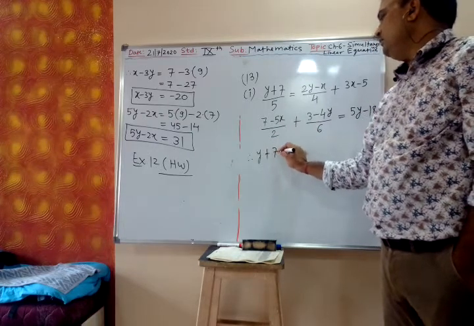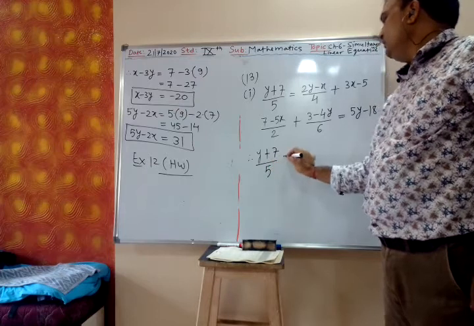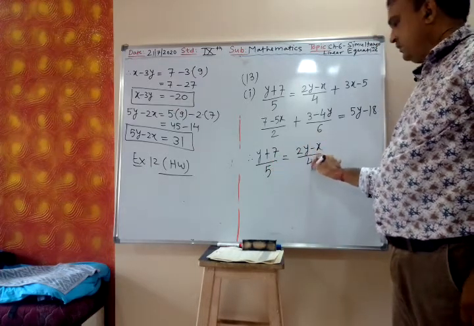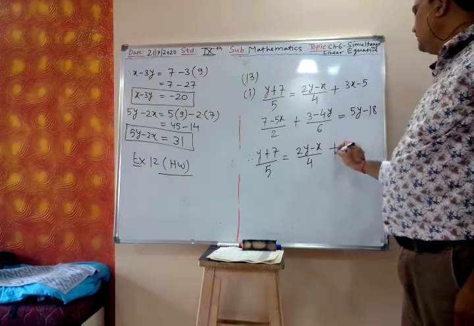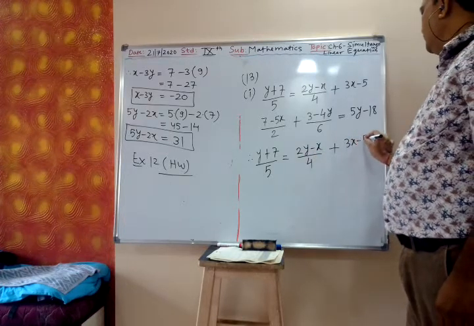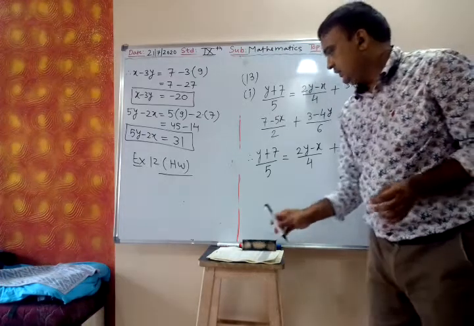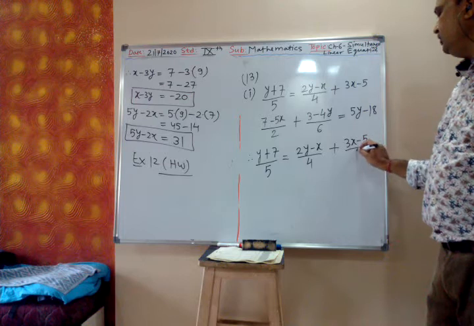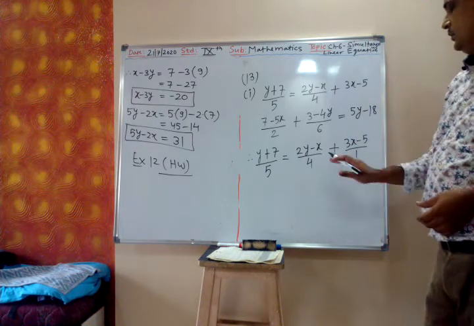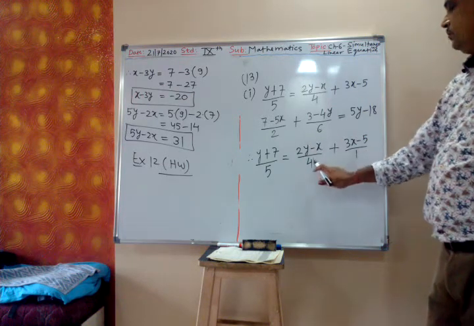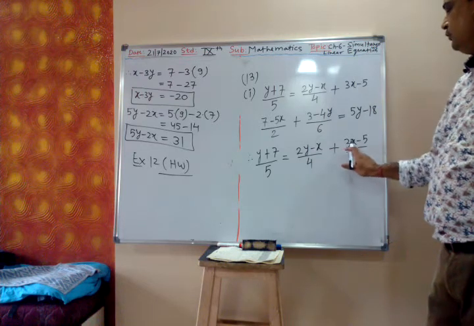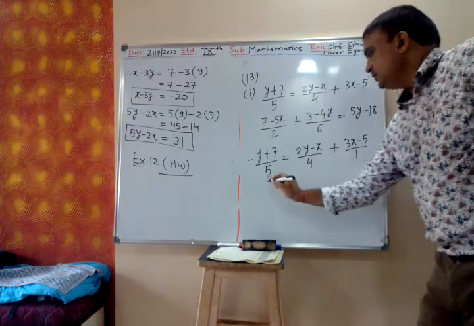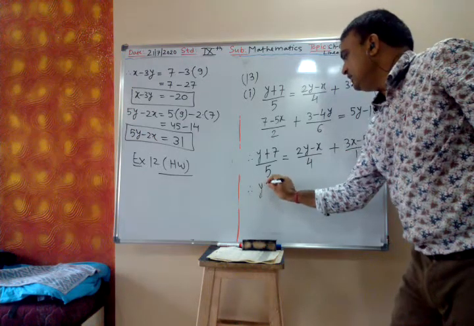y plus 7 upon 5 is equal to 2y minus x upon 4 plus 3x minus 5. Now see, 3x minus 5 means it is 3x minus 5 upon 1. Denominator is 1. So I will simplify the right hand side. LCM of 4 and 1 is 4. So this part I will multiply and divide by 4. The left hand side we keep as it is.